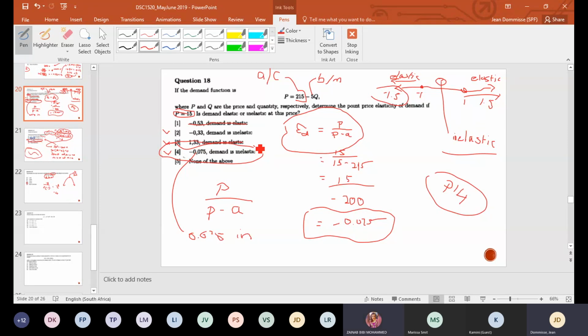So you would still pick it and not the none of the above. Okay, so I think it has to tick all the options: if it's less than 1 or it's inelastic and it's a negative, you choose the negative answer that you get, not the positive one.